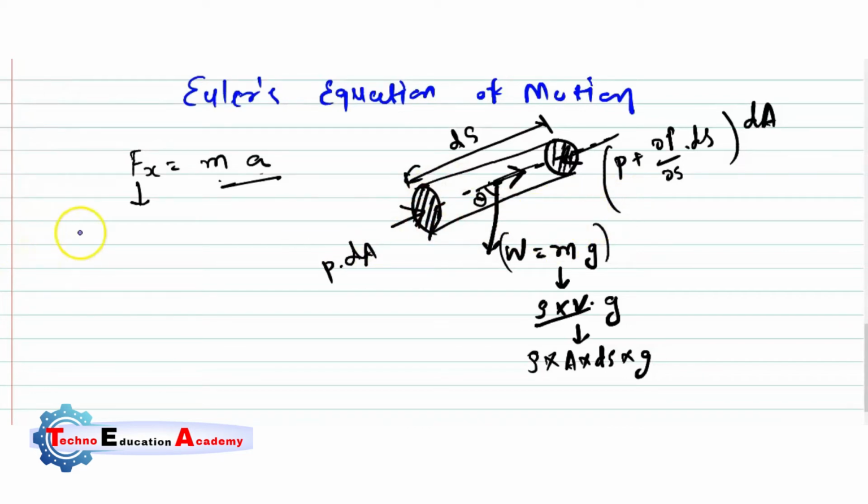The direction of the line of action of the flow is taken as the positive direction, and in the opposite direction, P plus del P by del S into ds into dA, the pressure force at the outlet section, is considered as the negative direction.